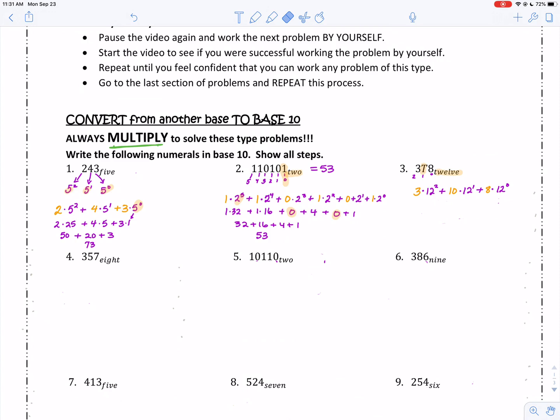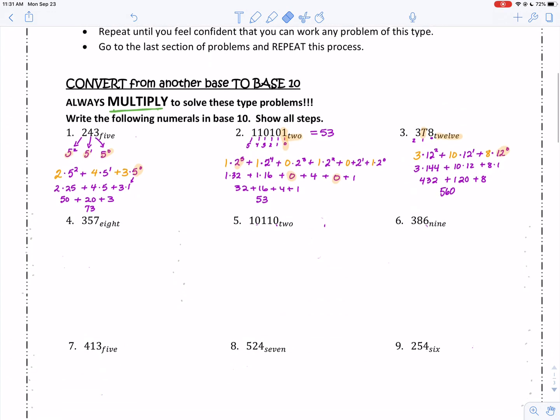So we write out our next step. 3 times 12 to the second, 10 times 12 to the first, and 8 times 12 to the 0. Don't forget, anything to the 0 power is just 1. And you continue simplifying until you get 560. Once again, pause the video and work number 4.